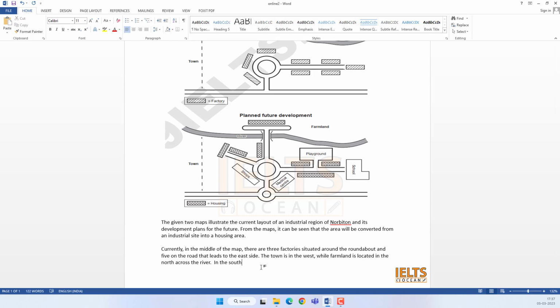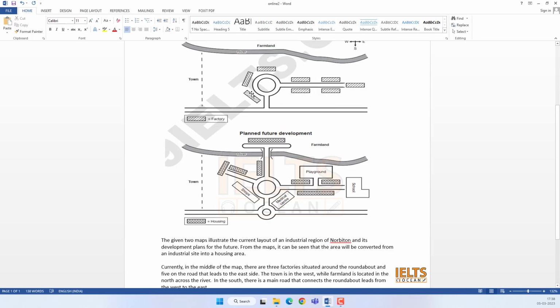In the south there is a main road that connects the roundabout and leads from the west to the east. So this is the full body paragraph that I have written about this map.